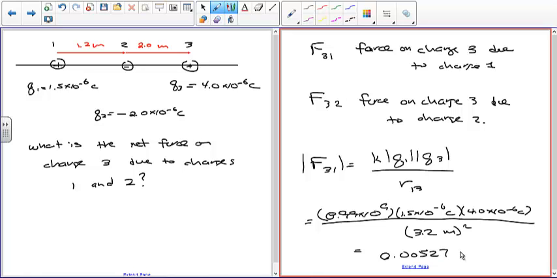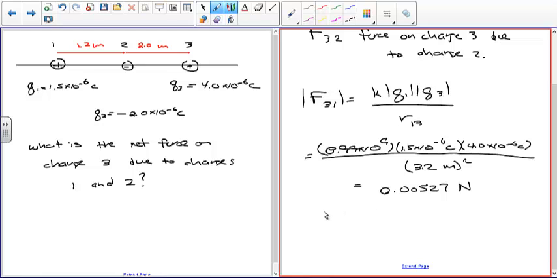And so I'll get 0.00527 newtons. And the question is, is it going to be to the left or to the right? Well, because charge 1 is positive and charge 3 is positive, they're going to be repulsive. So the force due to charge 1 on charge 3 is wanting to push this that way, so it's going to end up with a positive sign.